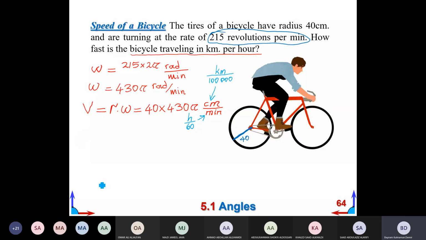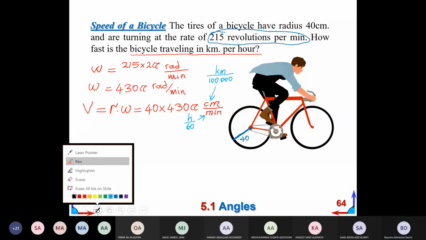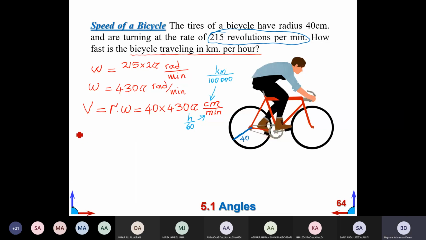So now the linear speed is equal to 40 times 430 pi.